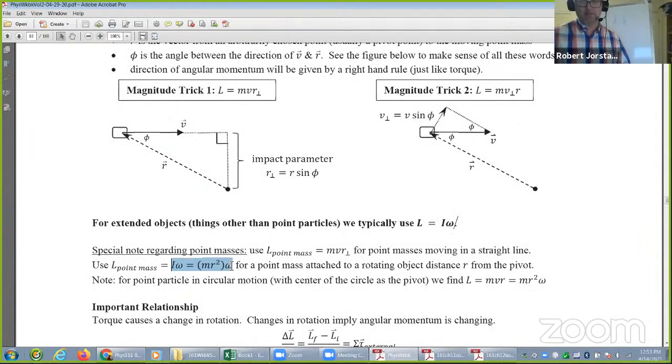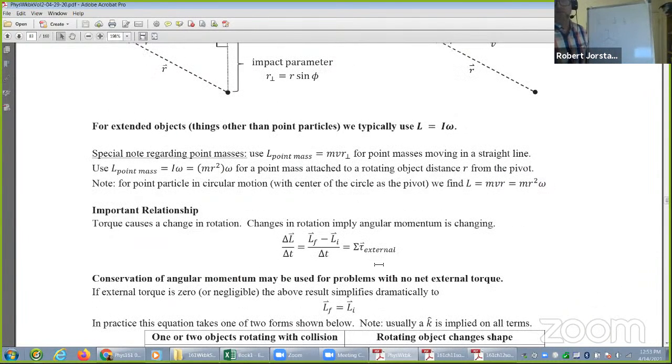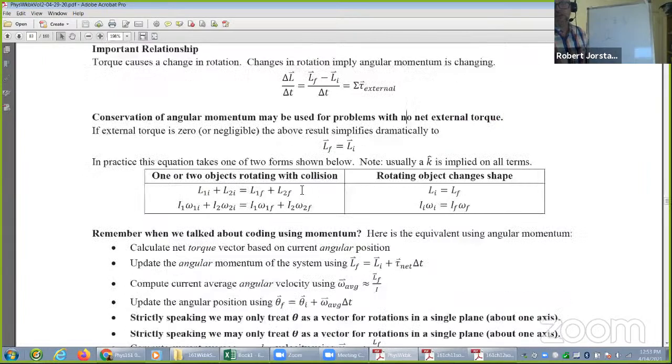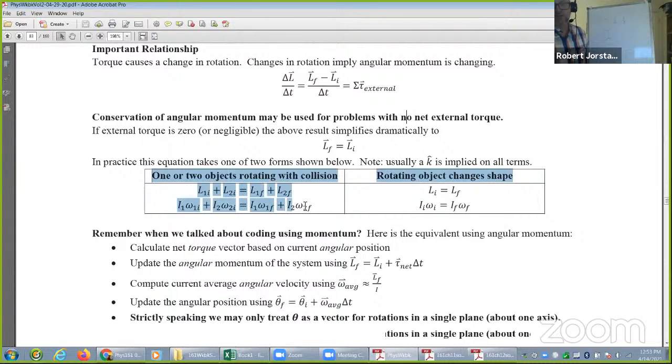If you notice that the moment of inertia is mr squared for a point mass, we see that MVR and mr squared omega are the same thing. We talked about if external torque is negligible, if there's no net external torque, angular momentum is conserved. And in particular, we talked about if you have two objects that rotate with a collision versus a rotating object that changes shape.